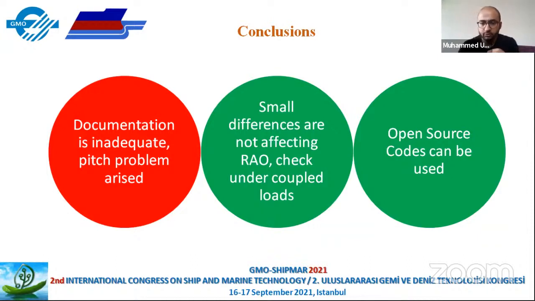So the real response is not affected by the small differences in any axis, and the motion is estimated well. But it should also be checked under coupled loads, I mean the aerodynamic, hydrodynamic, servodynamic codes, maybe in FAST. And finally, I may say that the open source codes can be used.